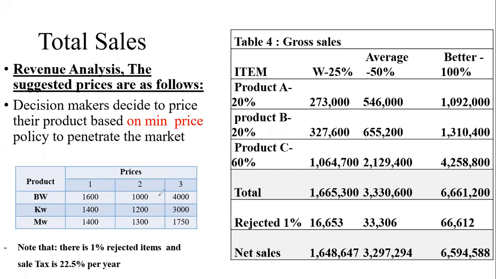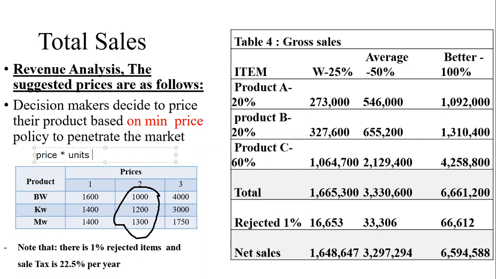What is my minimum price? I'm going to use these prices because this is the minimum between the different surveys that I have. I have 1,000, 1,200, 1,300. So the minimum prices I'm going to use. Since I know that the total sales is the price times the units.